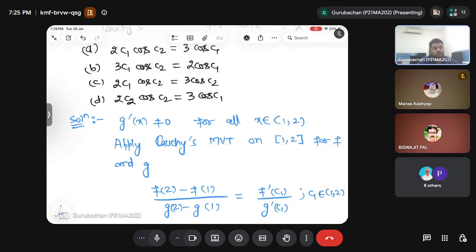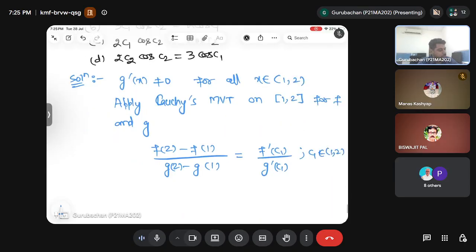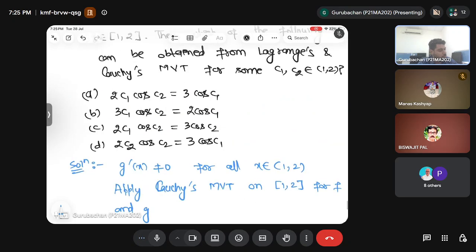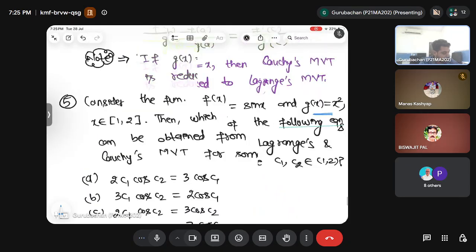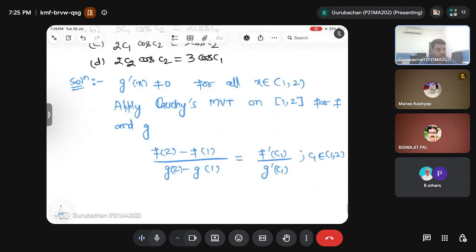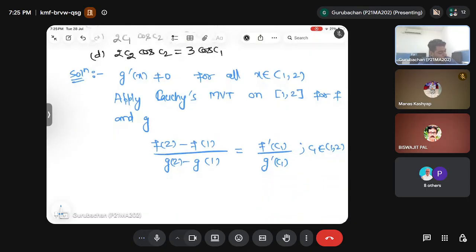Is it clear? Now it is simple to calculate the value of g of 2 and g of 1. So this will be 4 minus 1, or very smartly what we can do, f of 2 minus f of 1 divided by 2 square minus 1 square. This is f dash of c1 divided by g dash of c1. What is f dash of c1?